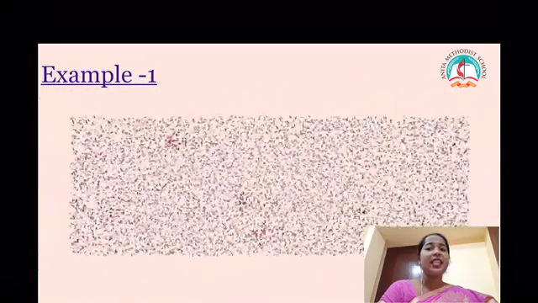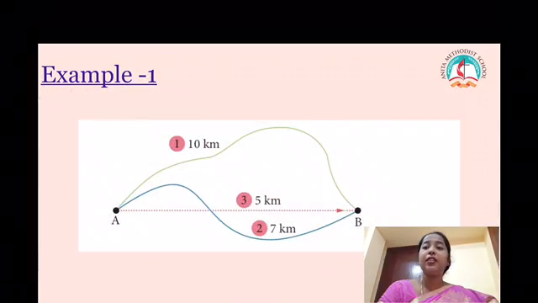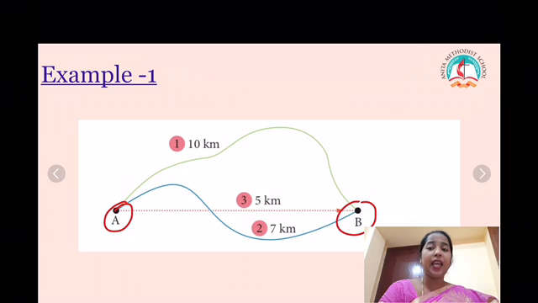Now, let us see some examples of distance and displacement. Look at this picture. This picture shows the motion of a person between two places, A and B. He travels 10 km in the first path. In the second path, he travels 7 km. So, what is the direction between A and B? Can you guess?